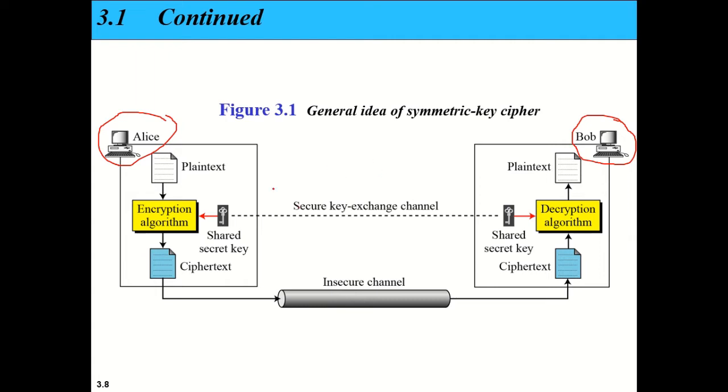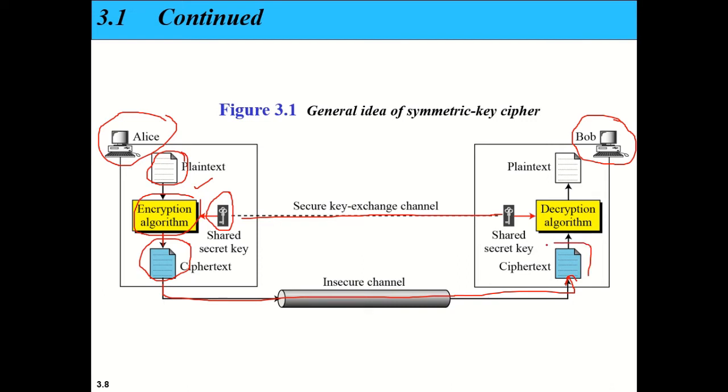So Alice is having this plain text, and on this plain text some encryption algorithm will be applied with the help of this key, which is shared by both the sender and the receiver. And after applying this encryption algorithm with the help of this key, we get this ciphertext, and this ciphertext is transmitted over this channel which is insecure, and will send it to the receiver, which is Bob.